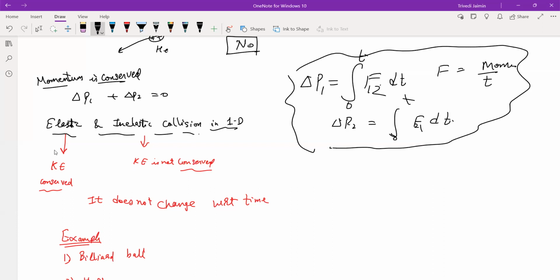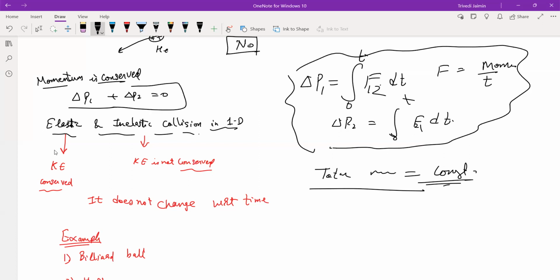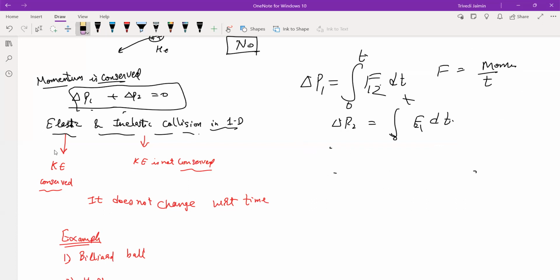In short, we can say total or net momentum before is equal to total momentum after, it is constant. If I add both changes, it should be 0. Total net momentum change is 0. That means it is conservation of momentum. Okay.